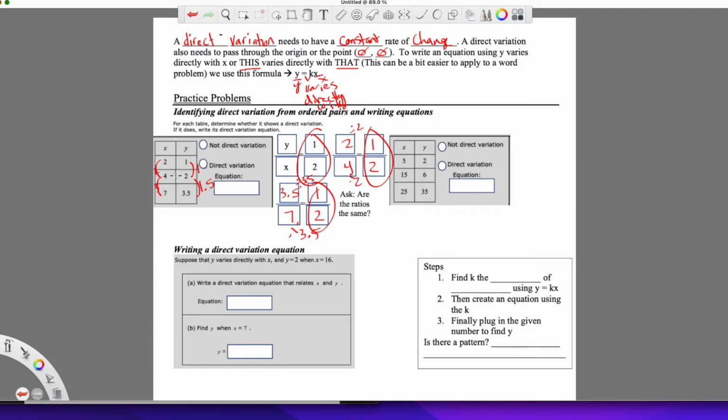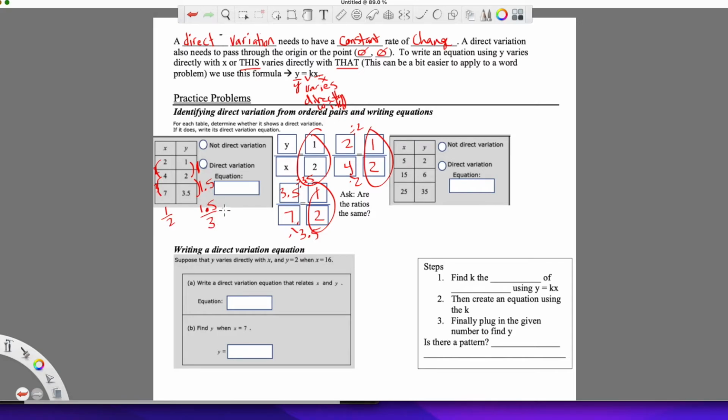So if I look at this one, I have 1 over 2, like that. So 1 over 2 for this first one. And if I look for the second one, I have 1.5 over 3. So they're not the same, but they actually are the same because we can reduce. 1.5 times 2 is 3.